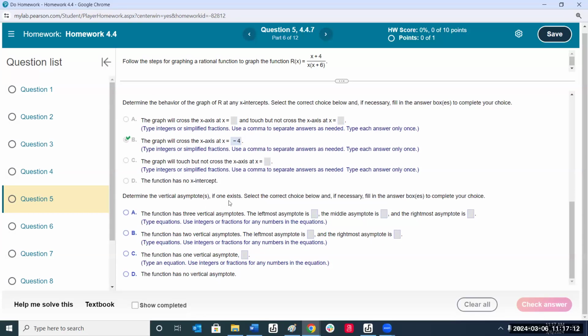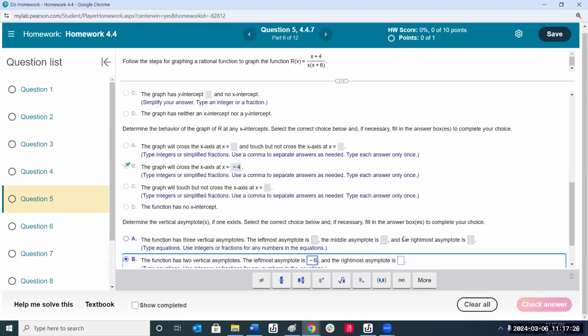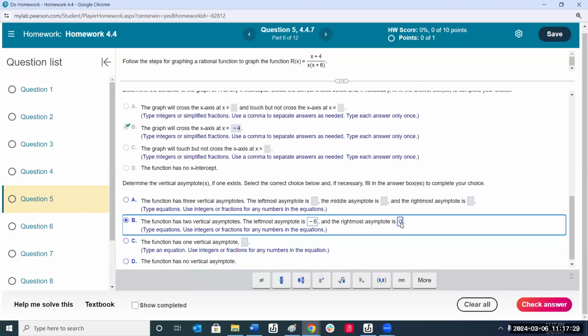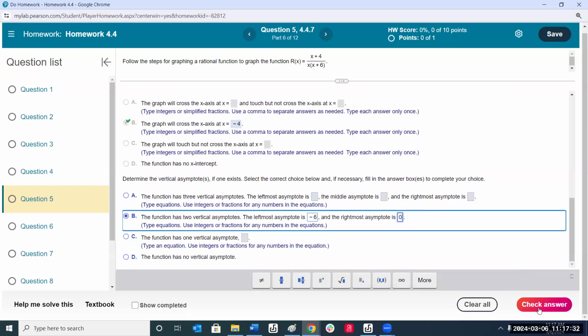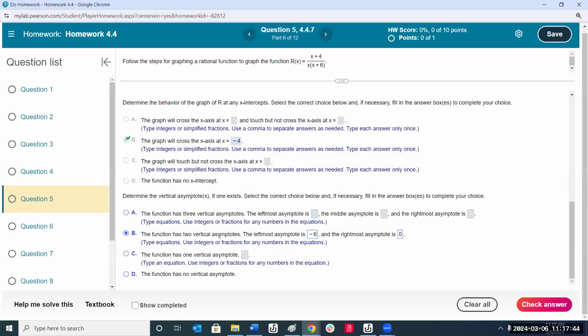Determine the vertical asymptotes if one exists. The function has two vertical asymptotes. The leftmost is at -6, and the rightmost is at 0. Oh, these we have to type, equations.